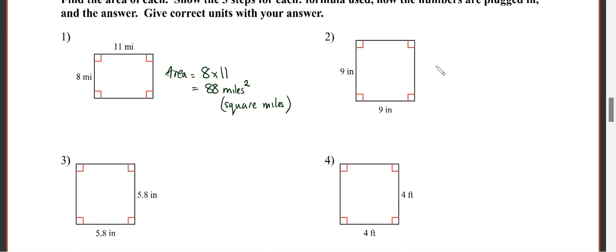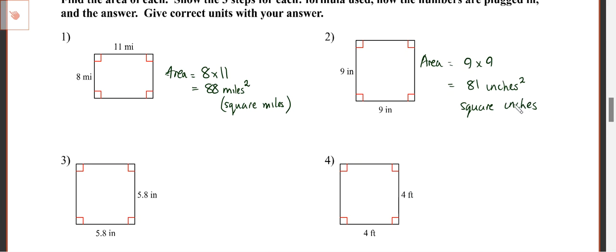Right? So number 2, we've got the area equals 9 by 9, which is 81, and it's square inches, we would say. It's okay if you wrote square inches, but I saw on yours you were writing inches and then square, or inches square.